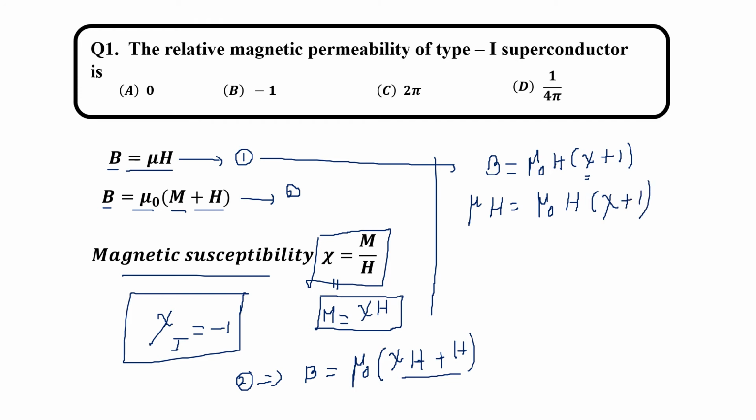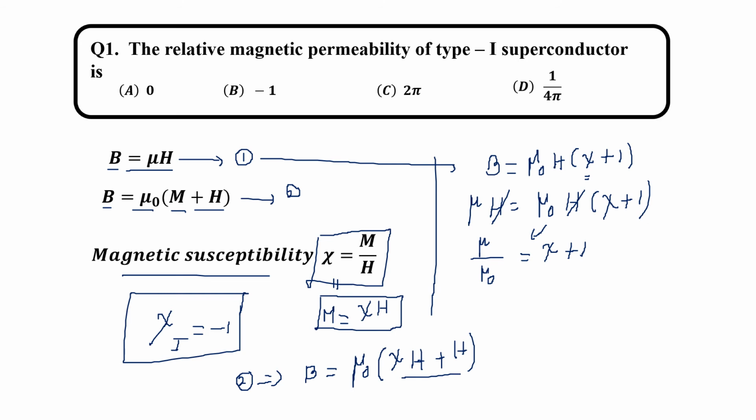Now we can cancel the magnetic field H on the left and right hand sides. Then you can rearrange this mu naught to the left hand side. It gives the permeability of the medium divided by the permeability of the vacuum, which would be equal to chi plus 1.